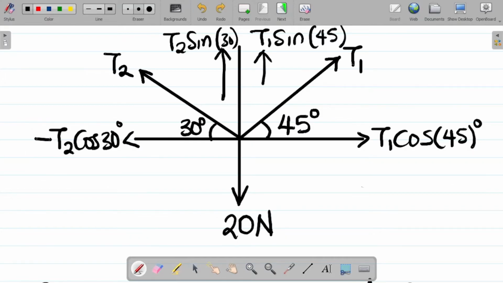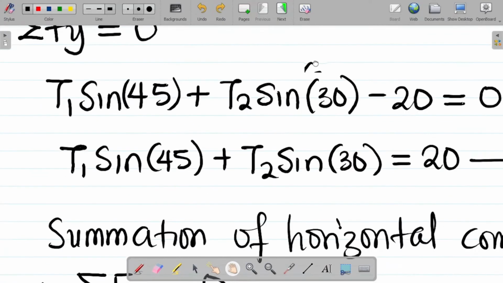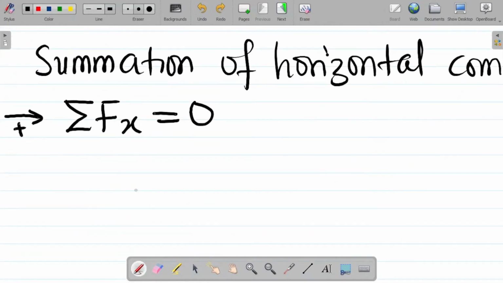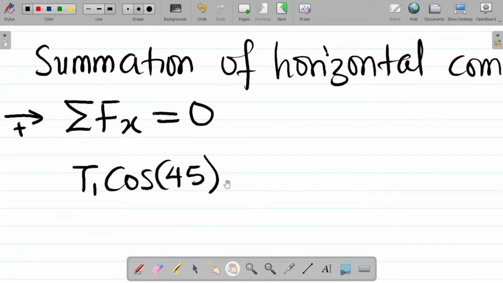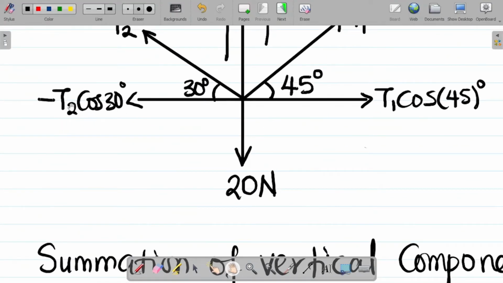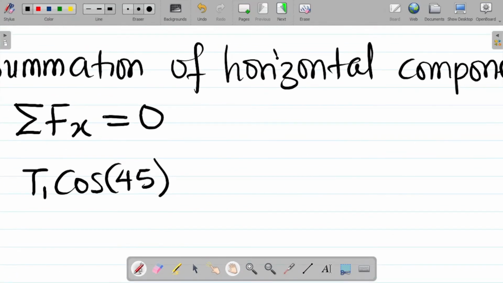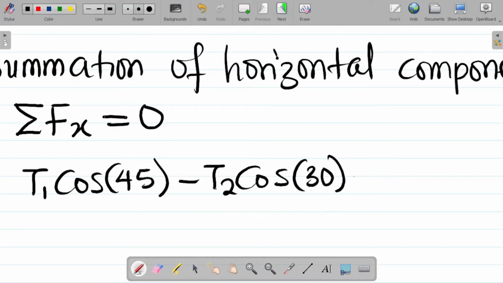So I'll have T1 cos 45, going towards the right, positive. Now T2 cos 30 is going towards the left, so it becomes minus. So we have T1 cosine 45 minus T2 cosine 30 equal to 0.